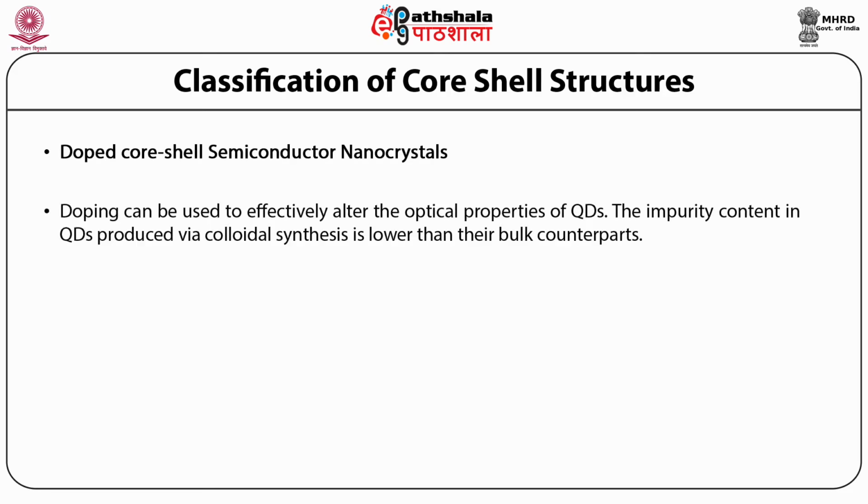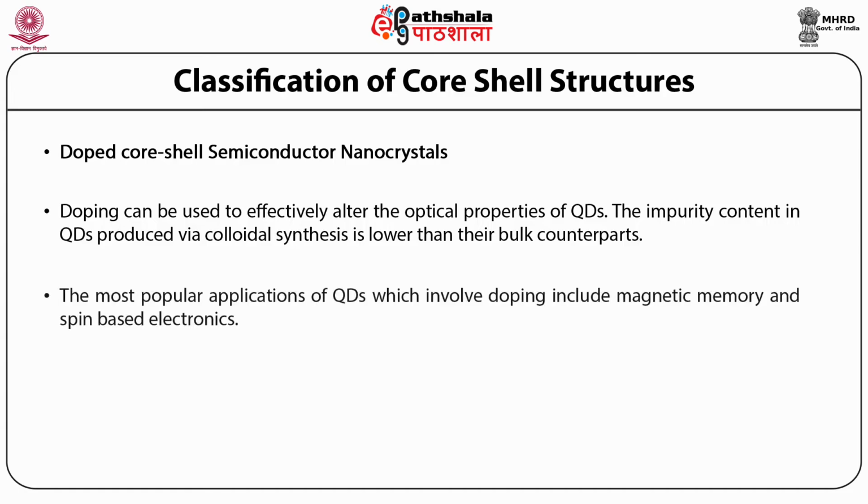Doping can be used to effectively alter the optical properties of quantum dots. The impurity content in quantum dots produced via colloidal synthesis is lower than their bulk counterparts. The most popular applications of quantum dots which involve doping include magnetic memory and spin-based electronics.